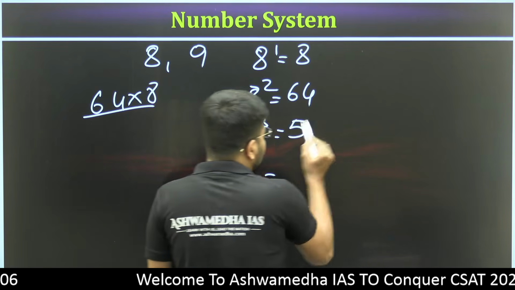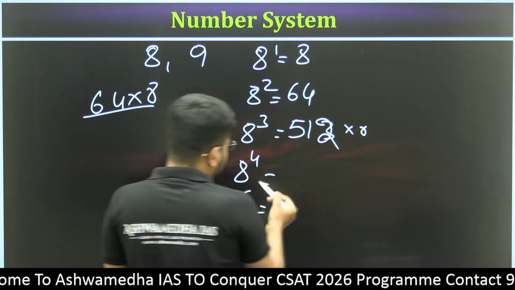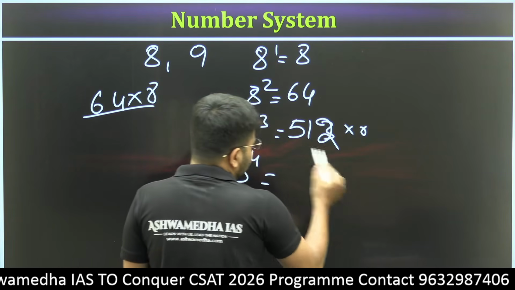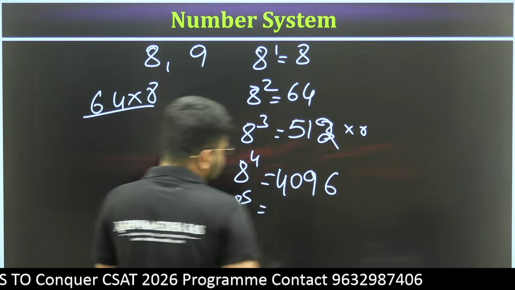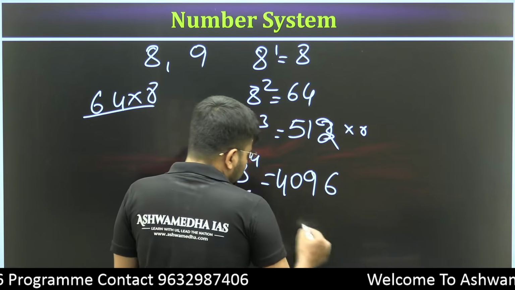That is 8 power 3, 512. Another into 8 would be 8 power 4: 8 times 2 is 16, 4096. Another 8 would be 8 times 6 is 48.